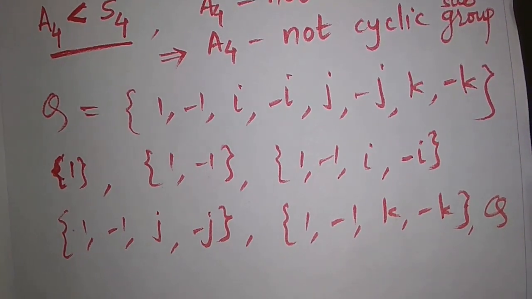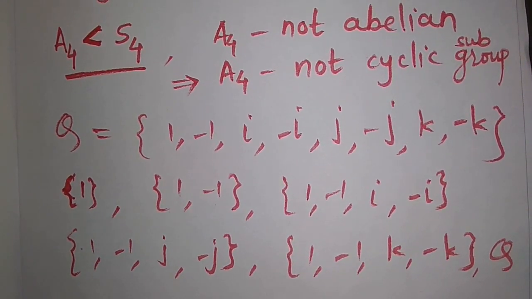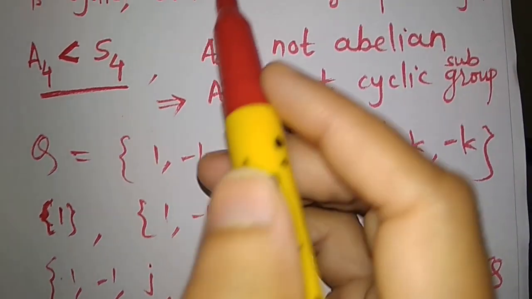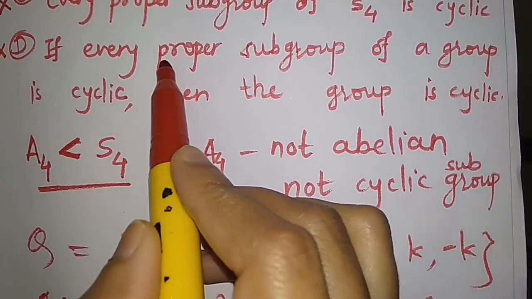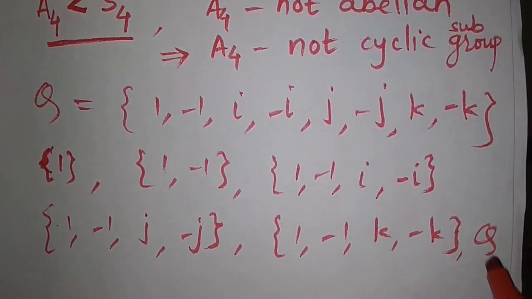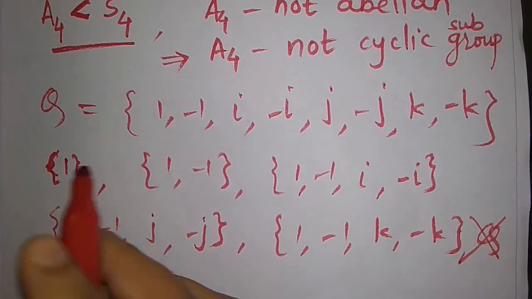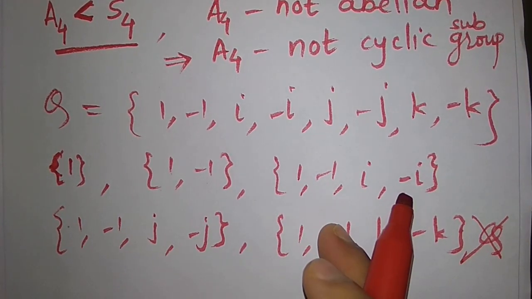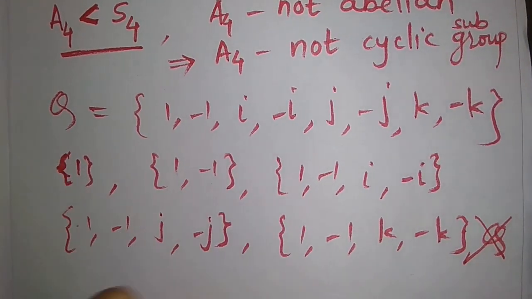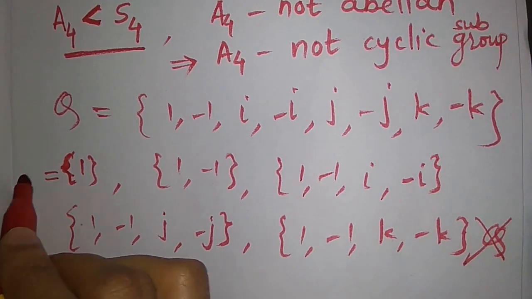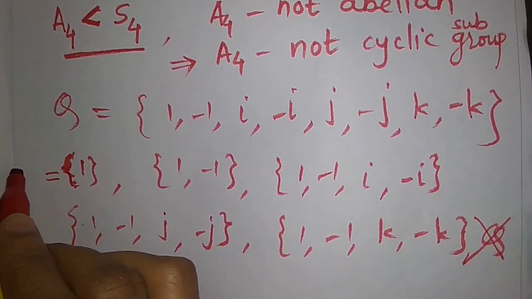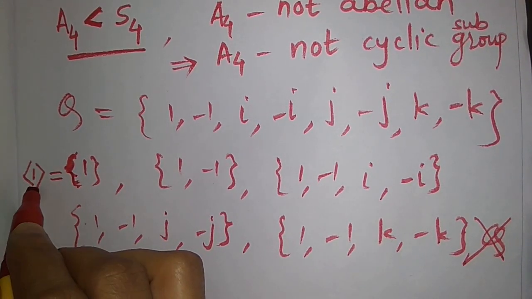So these are all subgroups of the group of quaternions, but we were asked about proper subgroups, correct? So we just have to focus on proper subgroups of the group Q. Now let us see whether these are cyclic or not. The identity subgroup is just generated by 1, correct?